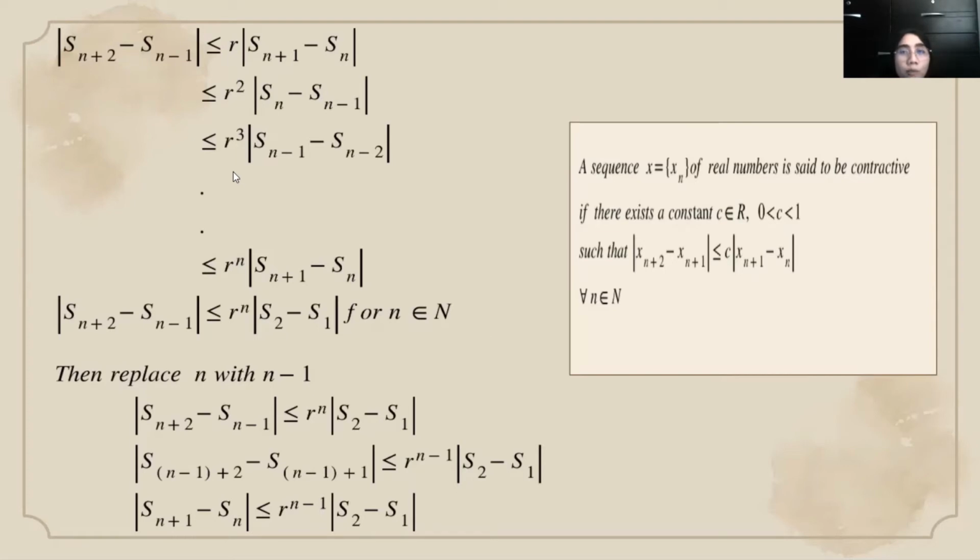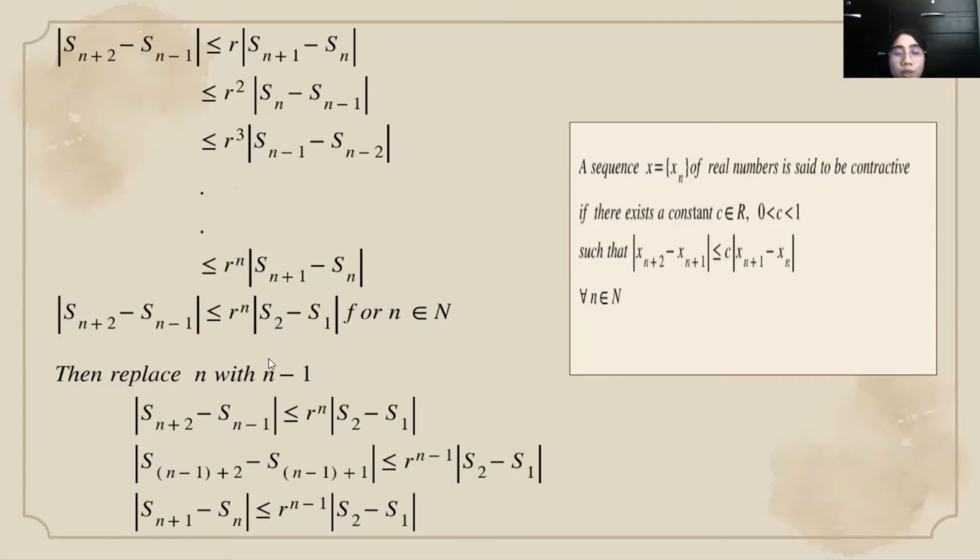And then if we continue, we will get power of until infinity. So we can generalize this, become R power of n, absolute Sn plus 1 minus Sn. So generally, absolute Sn plus 2 minus Sn minus 1, okay, less than or equal to R power of n, absolute S2 minus S1 for n is element of n.